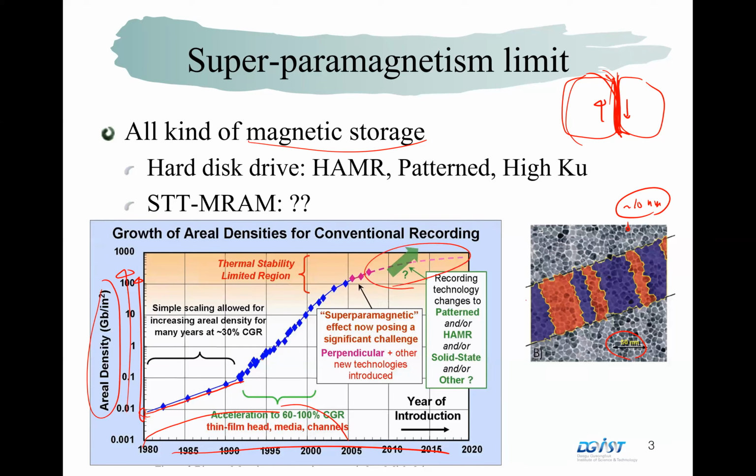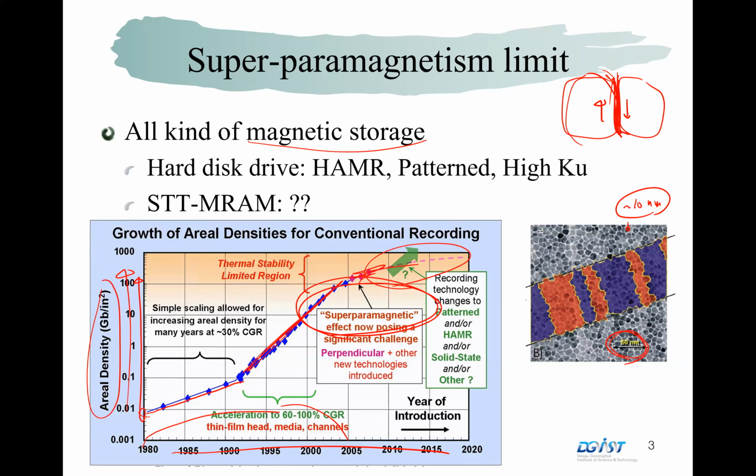In this area here, the increase is very, very rapid, but here it slows down. One reason is that the superparamagnetic effect is a limitation of the storage media. As I said, we want to reduce the grain size.